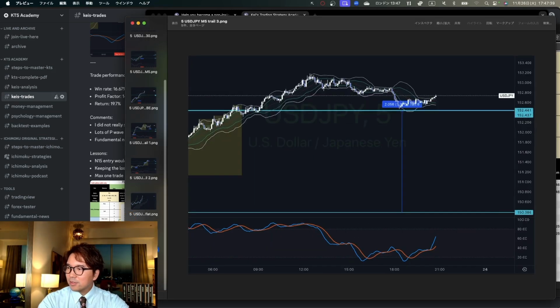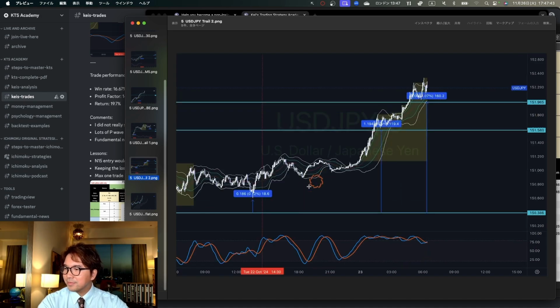Like I mentioned before in the live stream or in the video session, this was my entry here, and this is my buy. Let's say I exited here on the blue line, for example. That means this is the start of the trend, and this is the end of the trend for me if the market retraces.